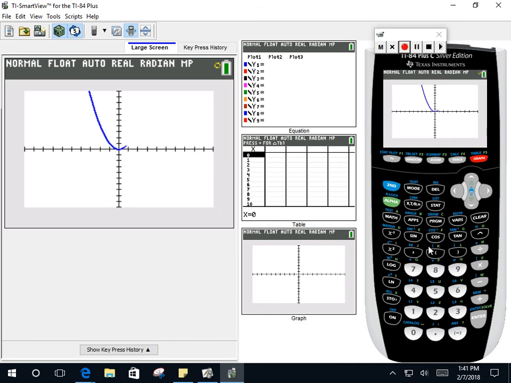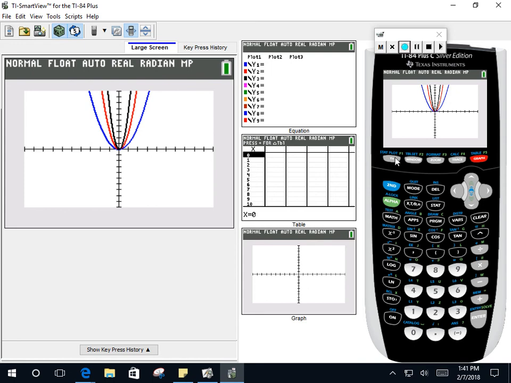There's y equals x squared, the parent function. And then there's y equals 3x squared, which got a little bit skinnier because of that 3. And then y equals 7x squared gets even skinnier because 7 is bigger. Okay, the bigger the a value gets, the skinnier the parabola gets.